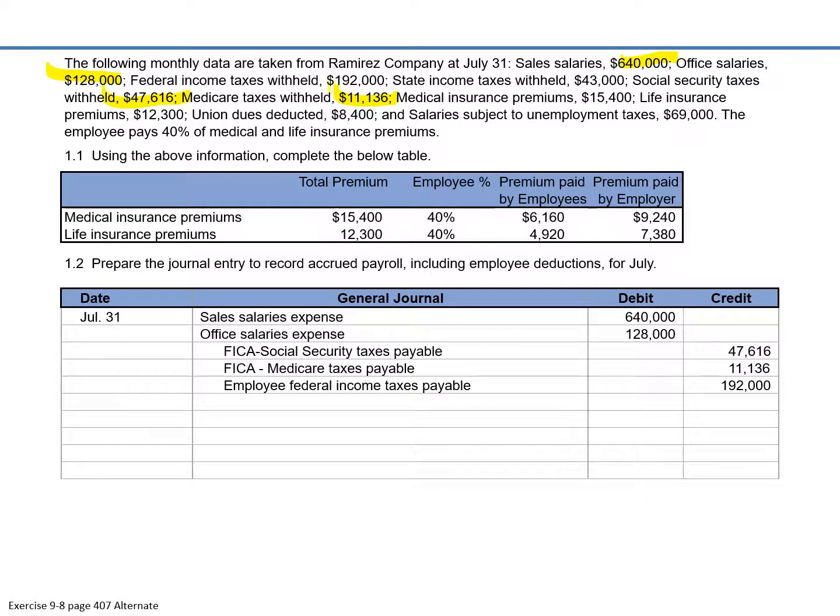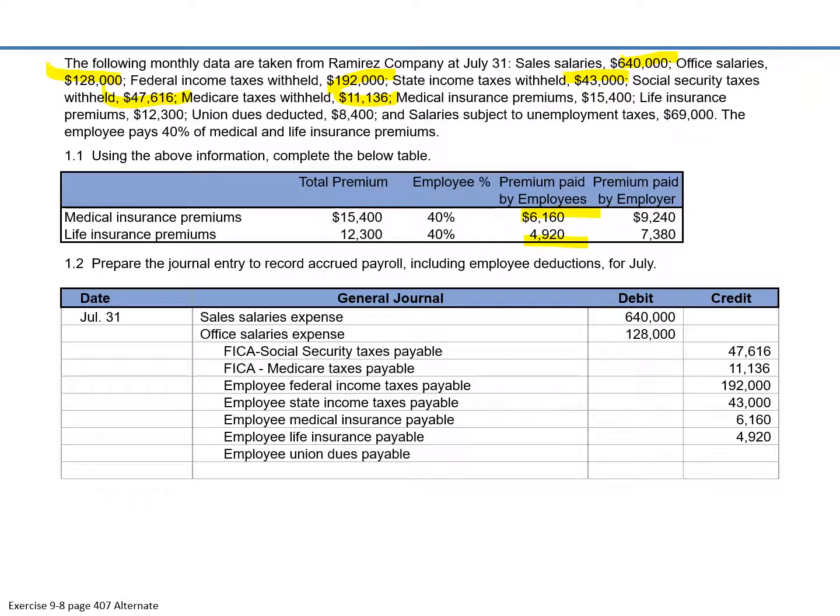Federal income taxes of $192. State of $43. Medical insurance is going to be for this $6,160. This is the employee paid portion. Employee life insurance is going to be this $4,920. Union dues payable are $8,400. And so you have a net salary payable of $454,768.